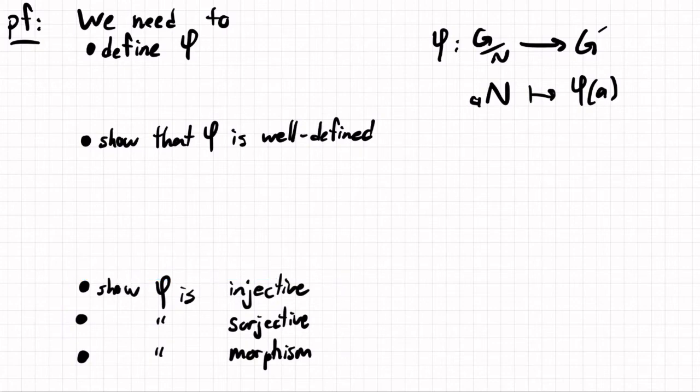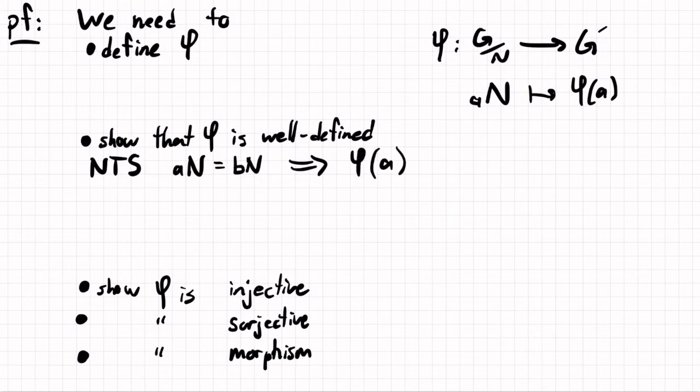So we need to show that if an equals bn, i.e. a and b are in the same coset, that is going to imply that phi of a equals phi of b.